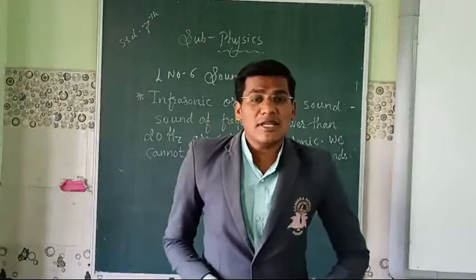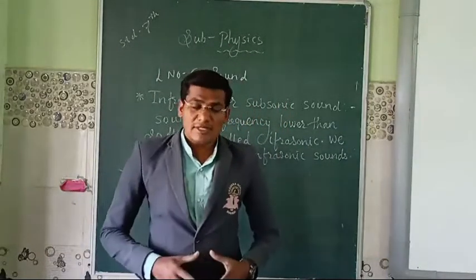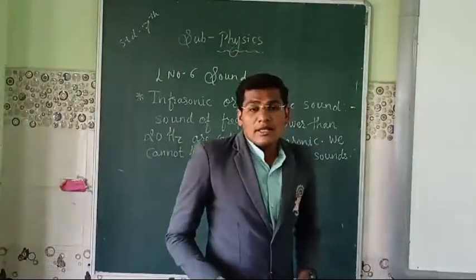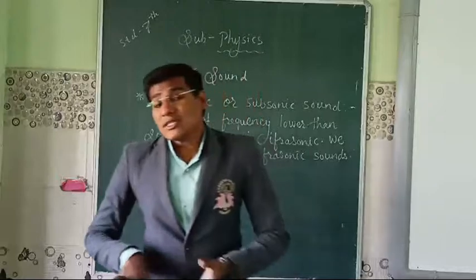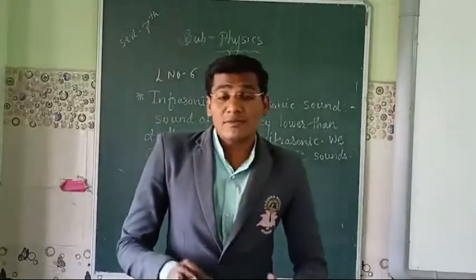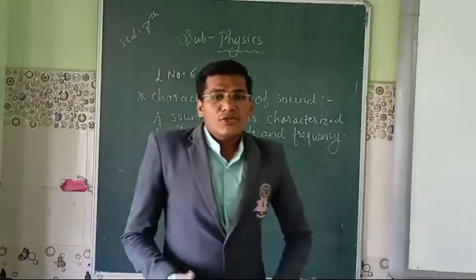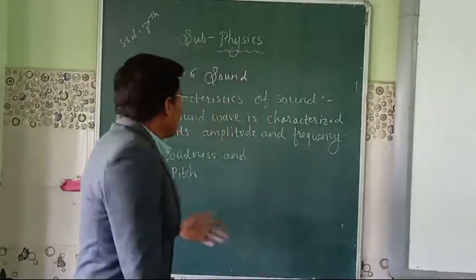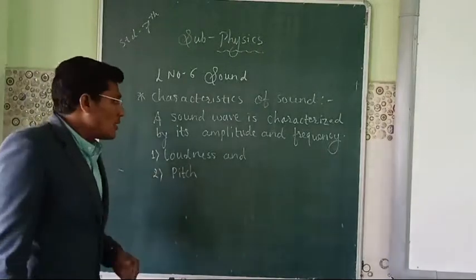Now the next topic of the lesson is characteristics of sound. So we'll see the characteristics of sound. There are two characteristics of sound, that are loudness and pitch. How these characteristics are based and how they are formed, that also we'll discuss.